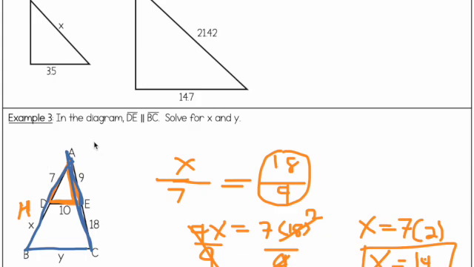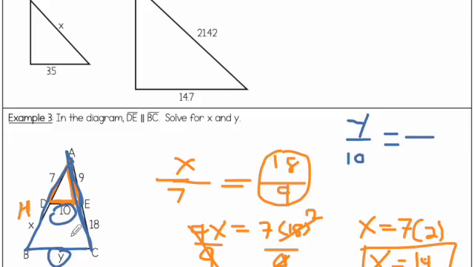Okay, so for triangle ADE, we could set up a proportion. Well, I like to actually put my variable on top first. It's just something where I keep track of things that way. You don't have to. So y is to 10 as, this is just one way.